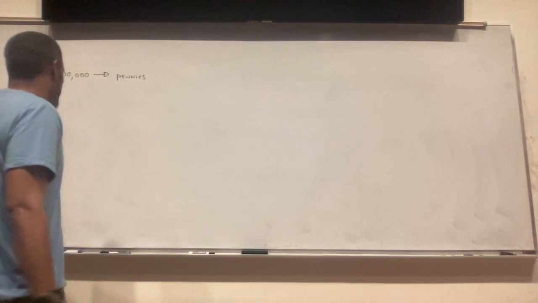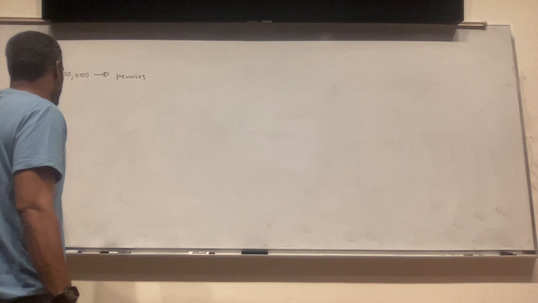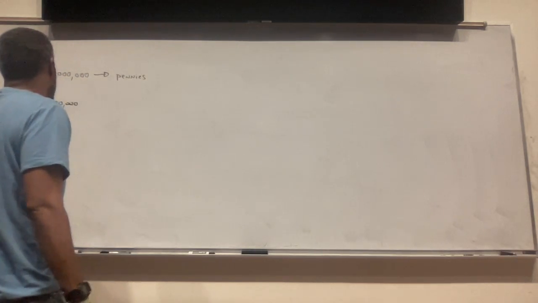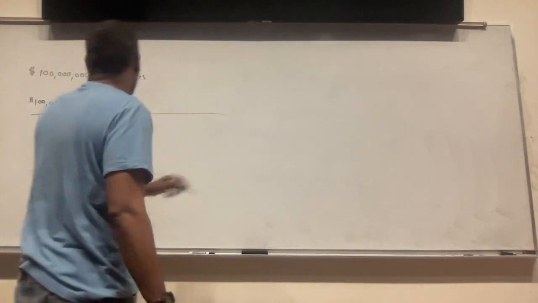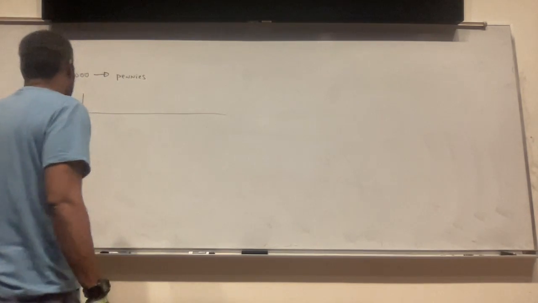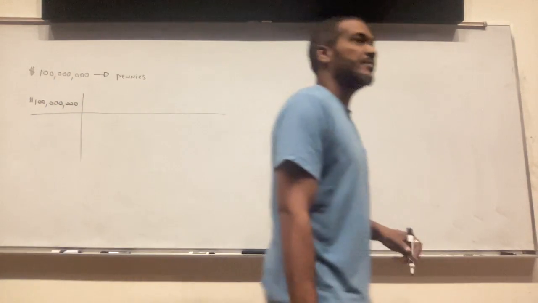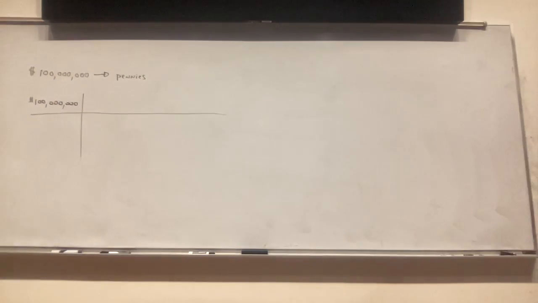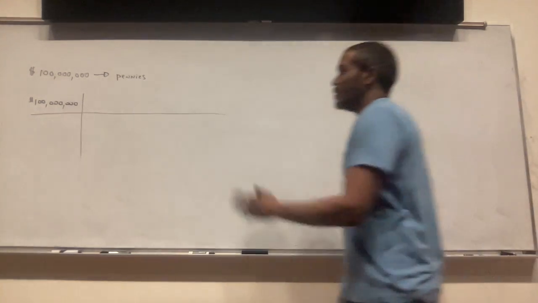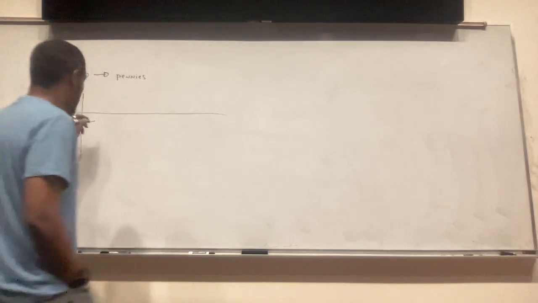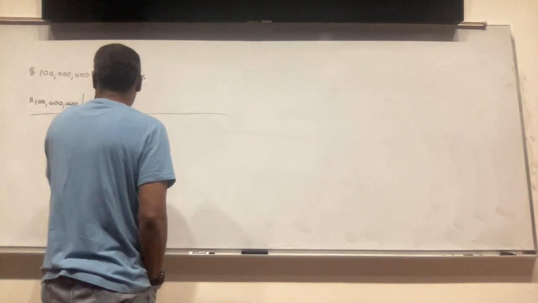So I have $100 million. I'm gonna write that again right here. And I'm gonna draw what we call a T-chart or a train track. And you said $1 equals 100 pennies.